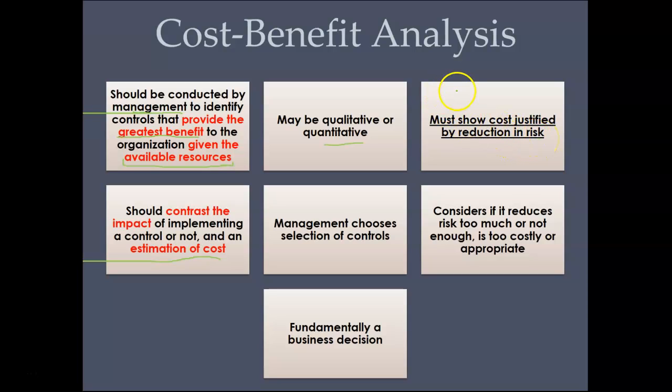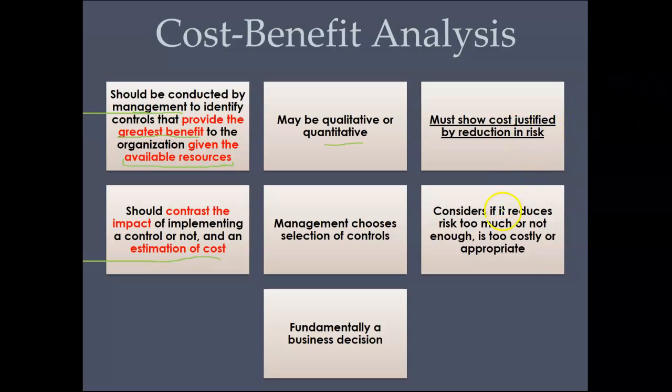At the end of this analysis, it must show the cost is justifiable. يعني إنه التكلفة في حدود المعقول and reducing in risk. وفي نفس الوقت I can reduce the risk by paying a justifiable amount of time, of money, resources, and so on.